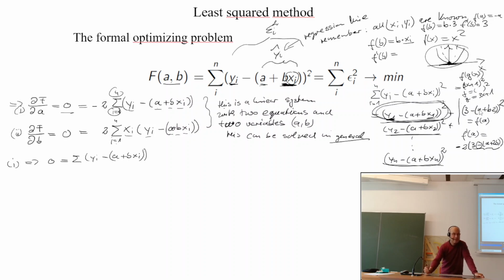This is now just the sum over 2 linear terms, and from this, we know that we can split off the summation. So this is the sum over y_i minus the sum over a. This is a minus bracket, so this is also the same as minus the sum of b x_i.